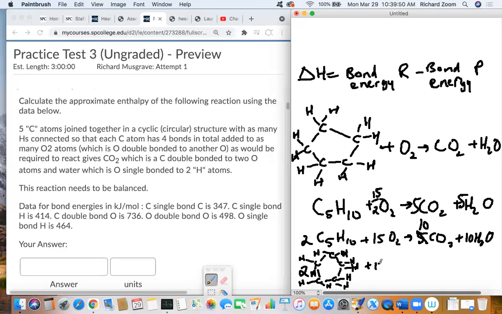Plus, we've got 15 O2, which is O double bonded to O. And I know that from over here, which is O double bonded to another O, which gives 10 CO2s. It says CO2 is C double bonded to 2 O atoms. So it's 10 O double bonded to C double bonded to 2 O atoms, and then 10 waters, which is O single bonded to 2 H atoms. Does anybody have any questions?